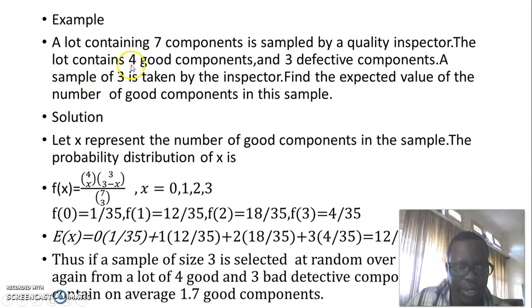Remember, the lot contains 4 good components and 3 defective components. And x represents the number of good components. So if there is 0 good component, then there are 3 minus 0 defective components. And remember, we are sampling 3 components.